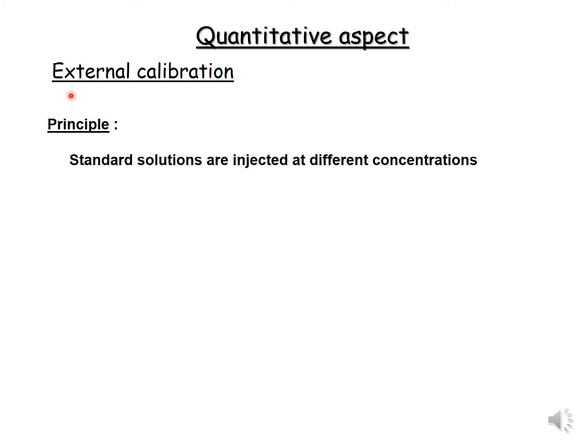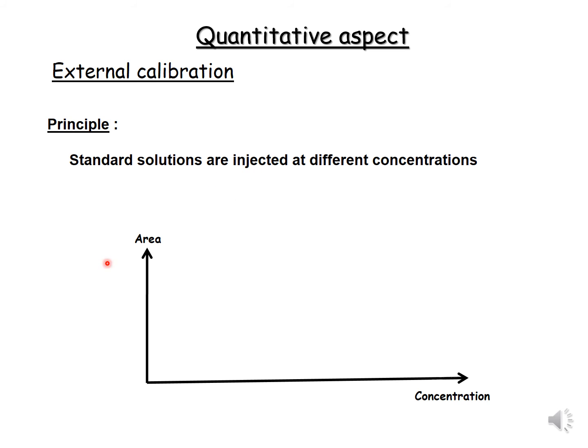So the first one is the most simple calibration. It corresponds to the external calibration. We have the principle of this calibration. We use standard solutions, and standard solutions are injected at different concentrations. Then we perform the representation of the area as a function of the concentration of the standard. So here you have the different concentrations, and we have the different values of the area.